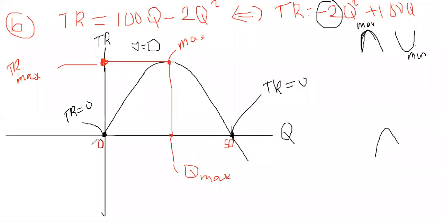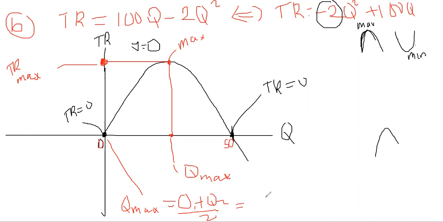So here, take this, bring this. To find this quantity max, you add Q1 plus Q2, divided by 2, that's the average. In other words, we are finding the average of the quantities that lead to total revenue 0.